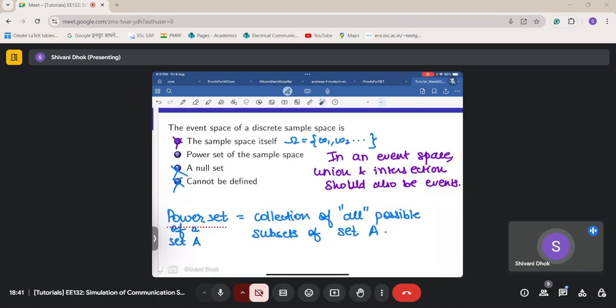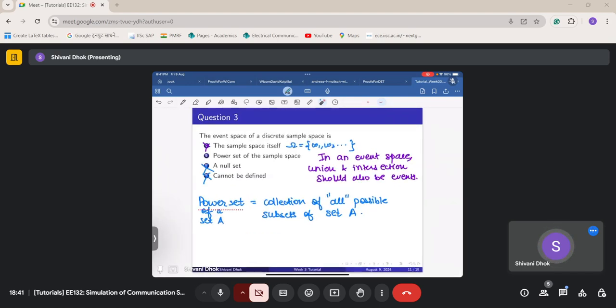The null set is also an element of the power set because it's a subset of your sample space, and the entire sample space is also a subset of itself, so that will also be in my power set. Hence it satisfies all the properties, and this power set of the sample space is an example of an event space for a discrete sample space.